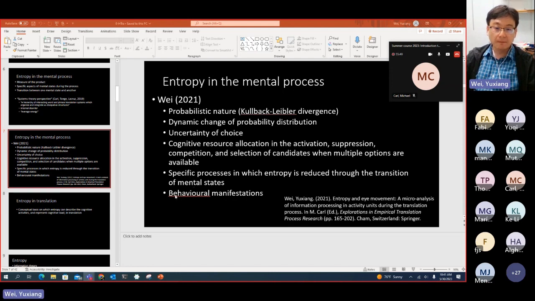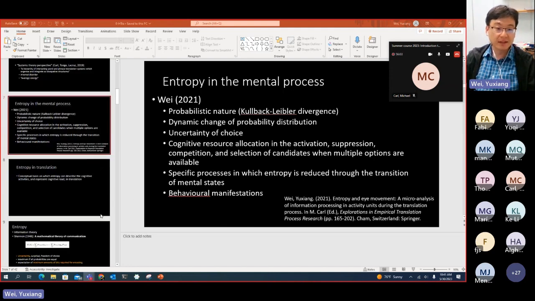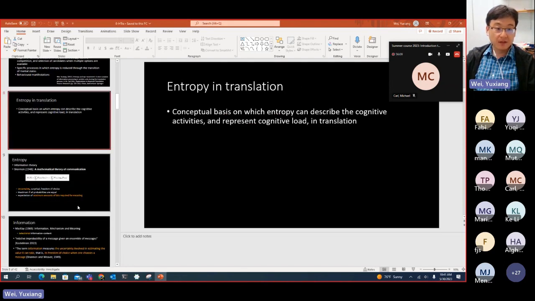So that paper itself also analyzes the behavioral manifestations of these conceptual analyses. If you're interested, I would suggest that you have a read of the details there. So, entropy in translation. This is the first thing that I'm going to talk about.